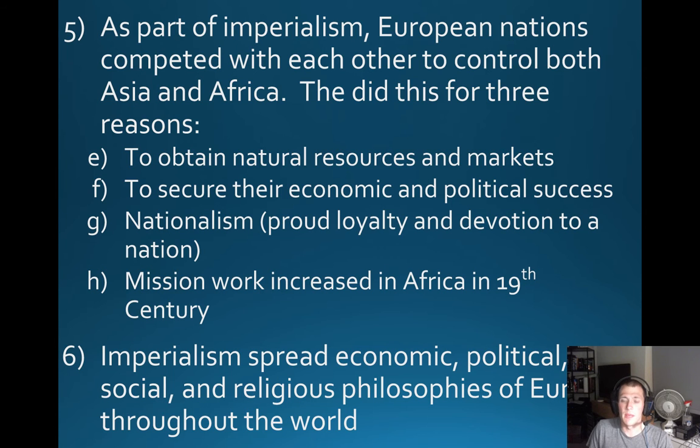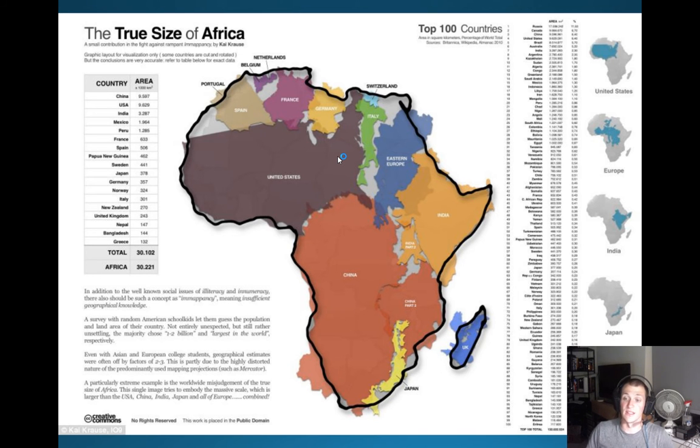A big part of it is this whole idea that we are going to help civilize these areas of the world, or at least England and these other colonizers, I should say, are going to help bring their culture and religion to these areas that have not experienced that, similarly to the way it was done in the 1400s and 1500s with the Spanish in Central America and Latin America. These reasons are going to spread the economic, political, social, and religious things all over the world, in particular in Africa and in Asia.